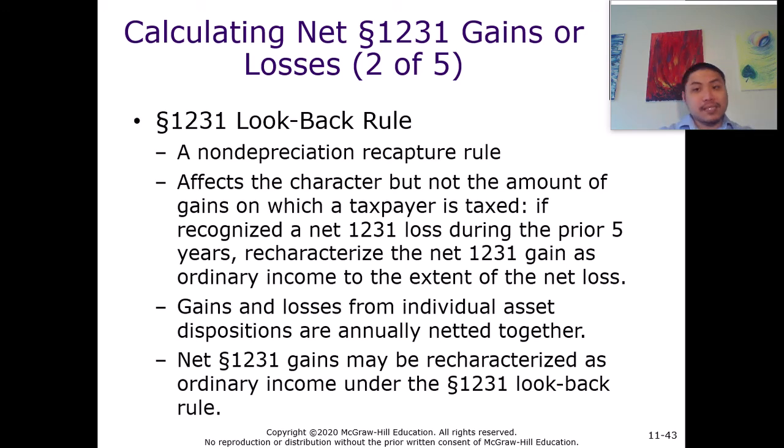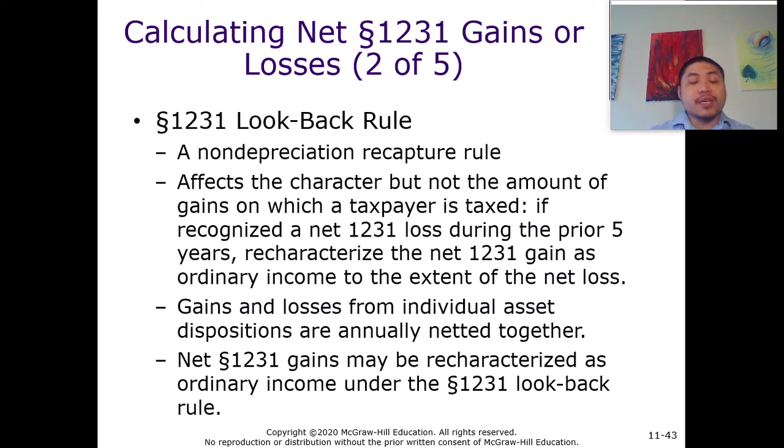All right, so that is basically the look-back rule. As the name suggests, we have to look back in the past 5 years to see if there are any losses, and if there are, then we have to recharacterize the gain in the current year as ordinary income.